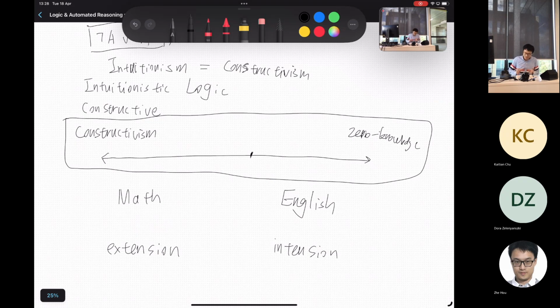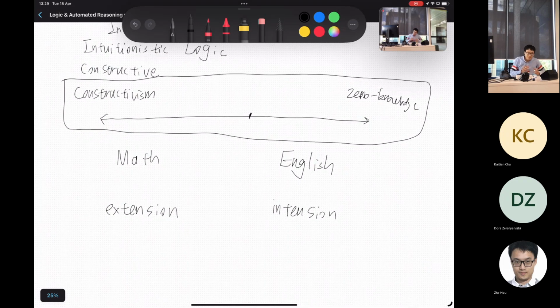So what really are intension and extension? The way they define this might be slightly different from dictionary definitions. They say extension is the way that you designate objects.